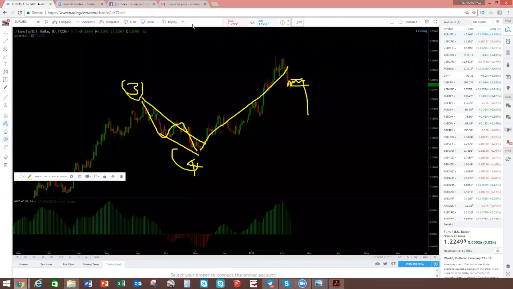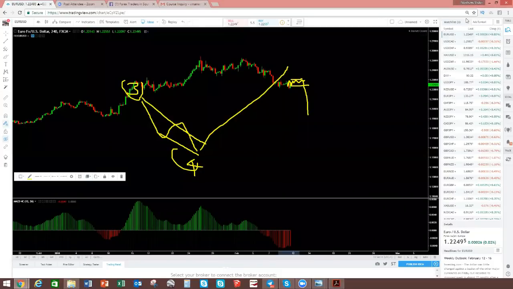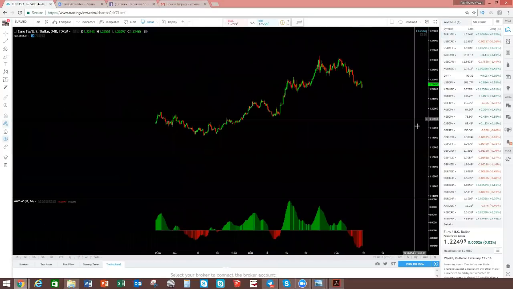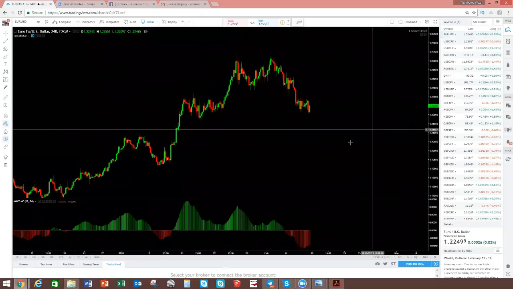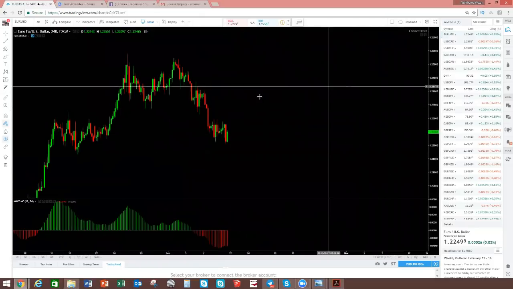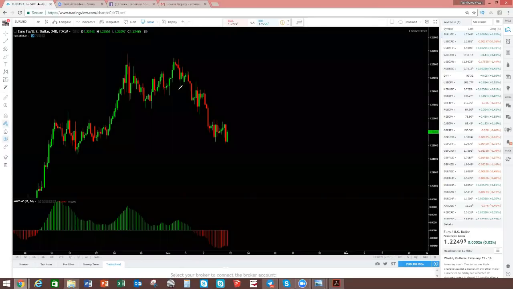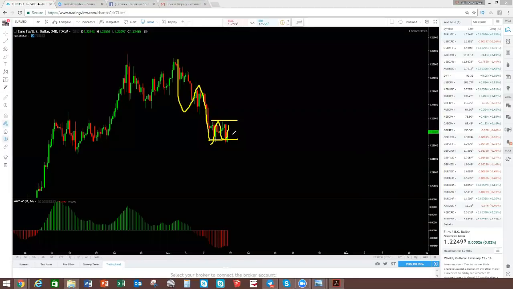Like this, I'm going to go to the lower time frame. So what is happening here is exactly the inverse of what is happening on the DXY as well. If you look at the 4-hour chart, we've got 1, 2, 3 here. We're getting this 1, 2, 3 here. I'm going to go into the 1 hour and just look at what is happening with this corrective structure. Every time I say a flag, it's just a way of saying a smaller time frame correction.